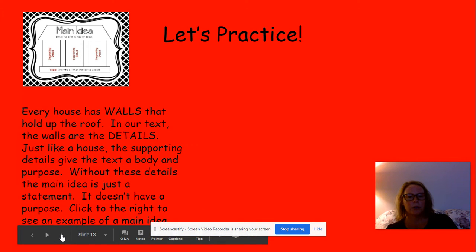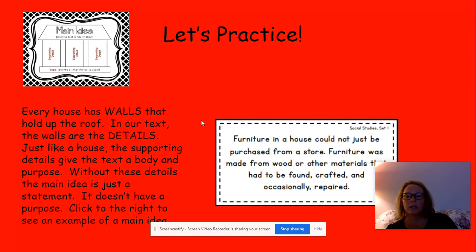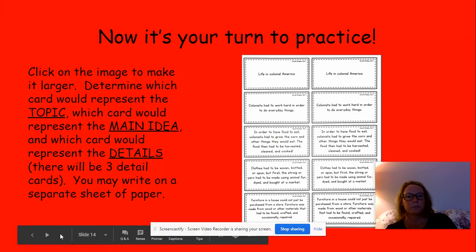And then the third detail is furniture in a house could not just be purchased from a store. Furniture was made from wood or other materials that had to be found, crafted, and occasionally repaired. So all three of those details supported the main idea that was a few slides ago.